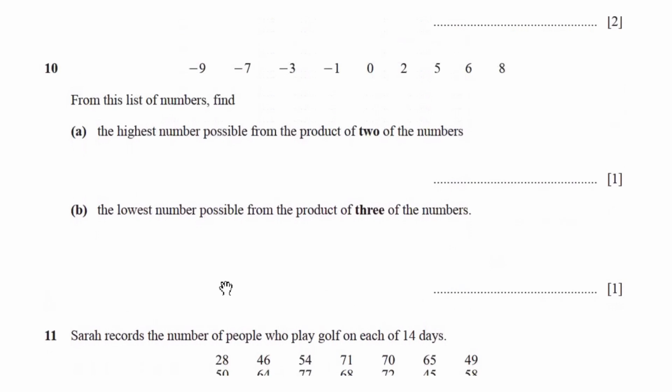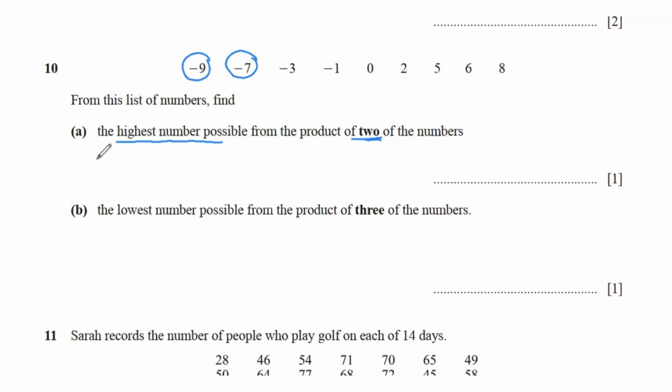Question 10 says, from the list of numbers, find the highest number possible from the product of two of the numbers. So that means we can multiply two of the biggest negative integers.